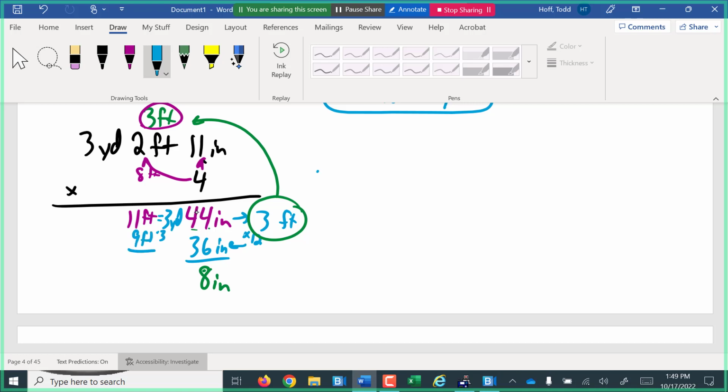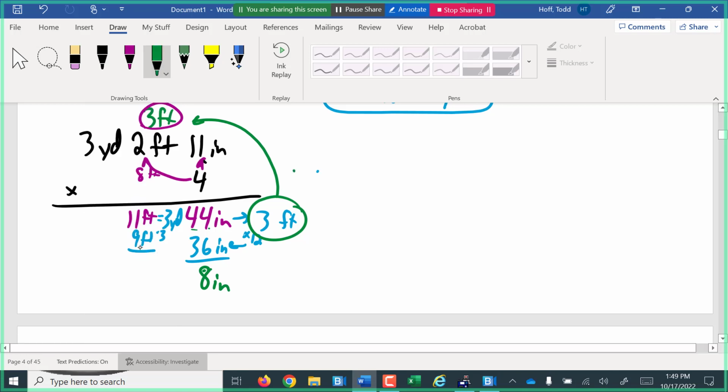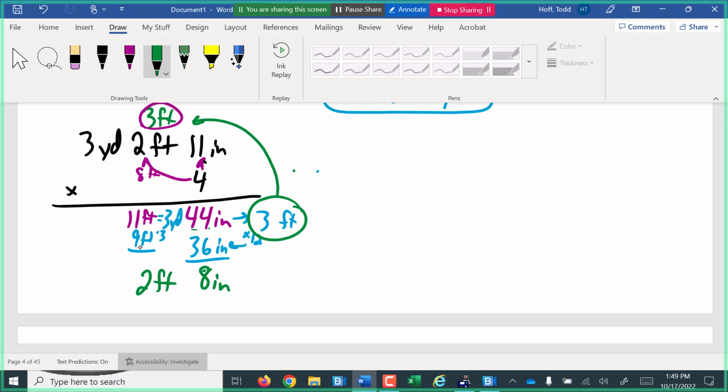How many feet are left over? 11 minus 9 is 2 feet. So we keep the 2 feet and we carry the 3 yards. So now we have 4 times 3 yards, which is 4 times 3 is 12, plus the 3 we carried, 15 yards. Good.